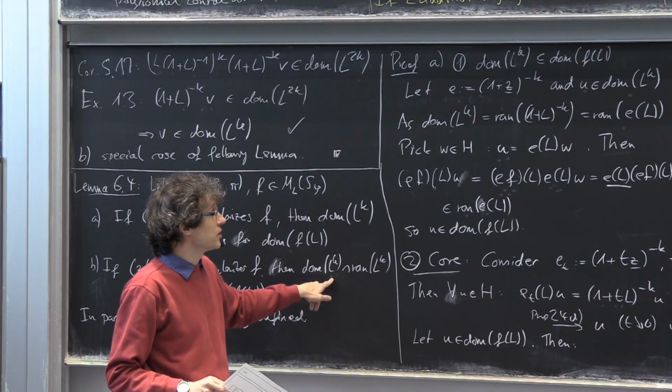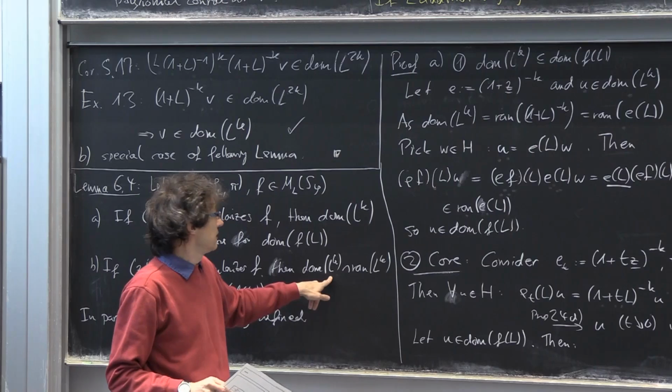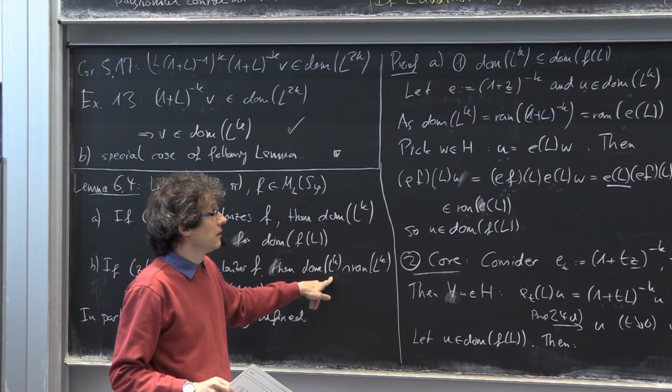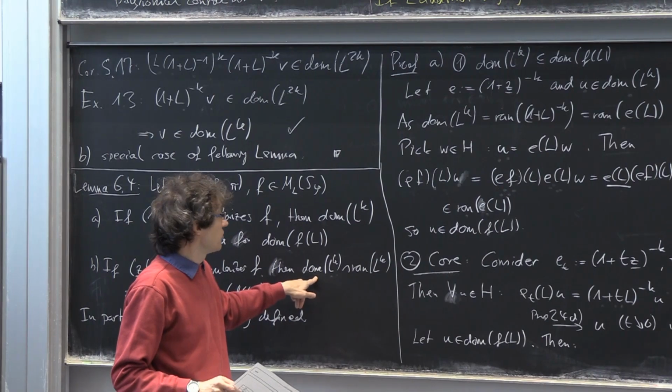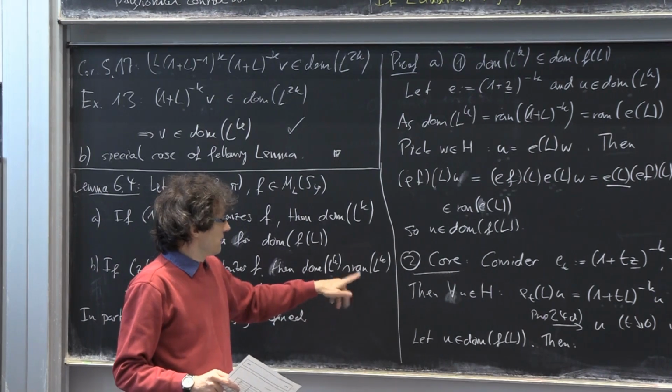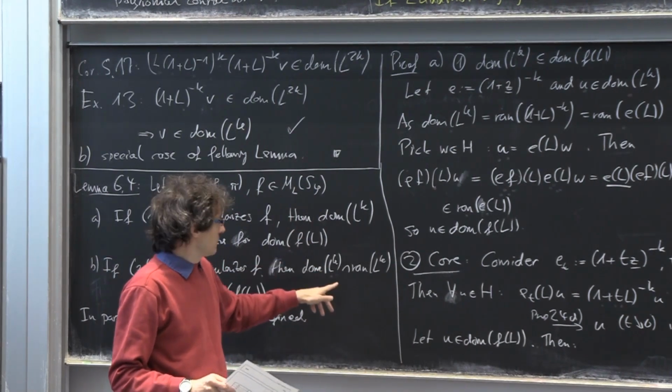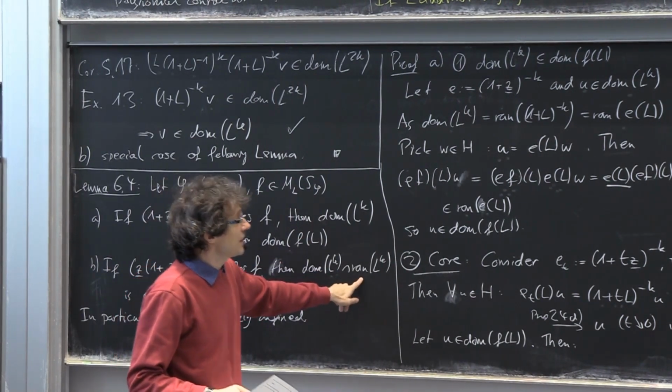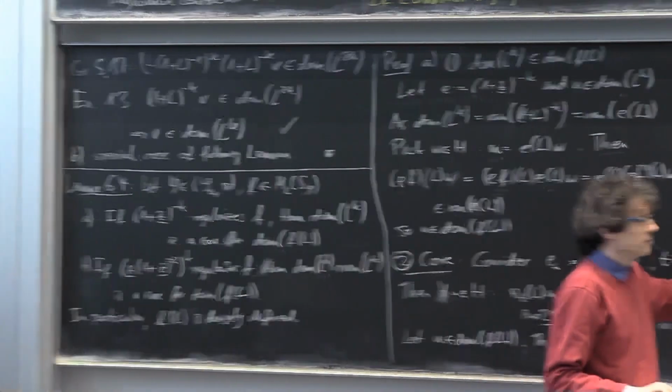So we have to make sure that E and Et map into this set. Okay, let's check for E. It maps into the domain of L to the K, because there are two resolvents and one operator, so this is okay. Just heuristically, one has to check, but it works. And it also maps into the range of L to the K because of the z to the K here.